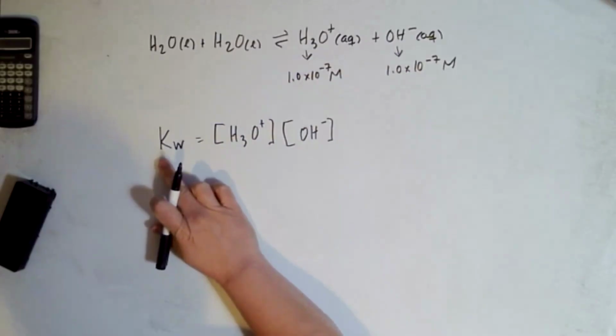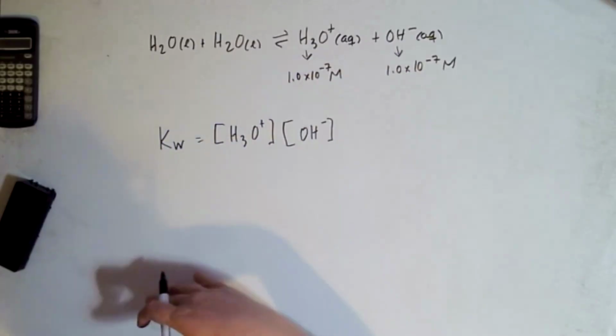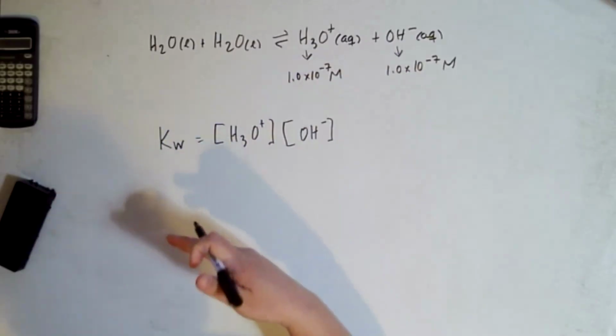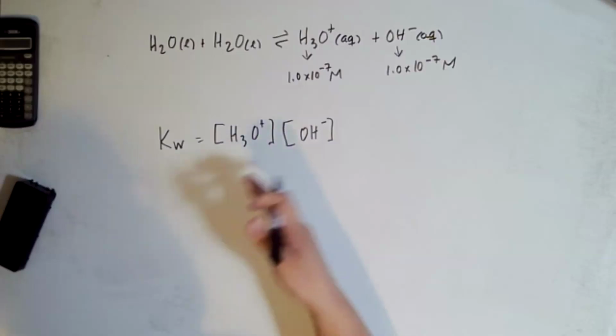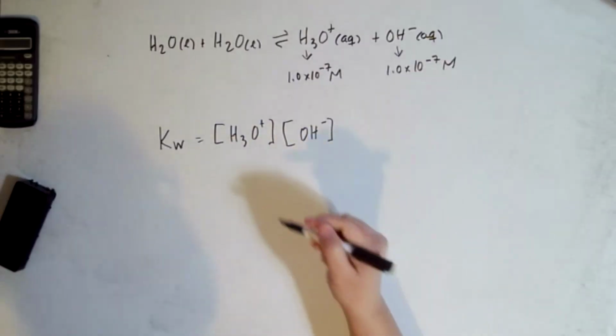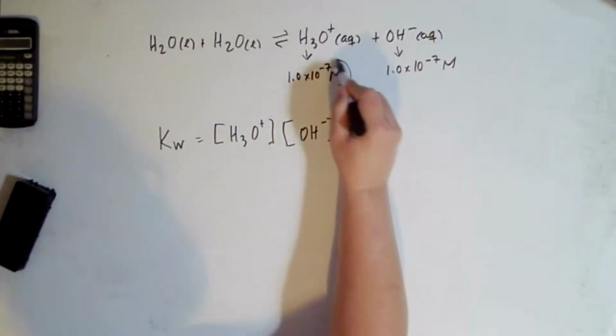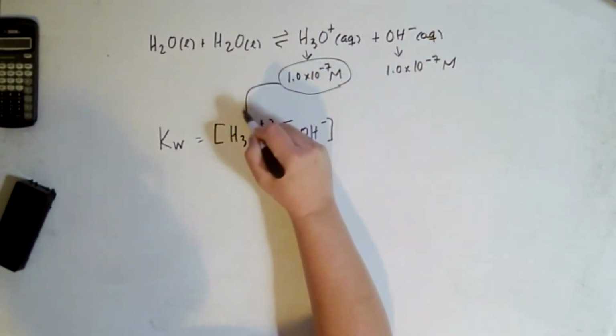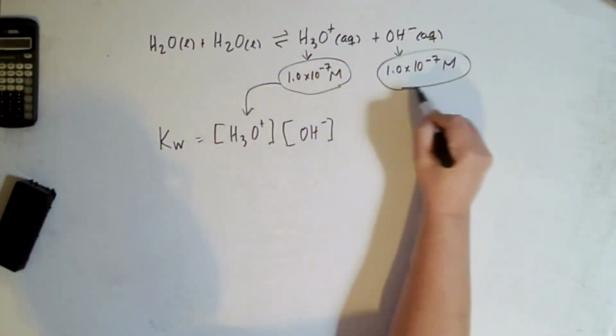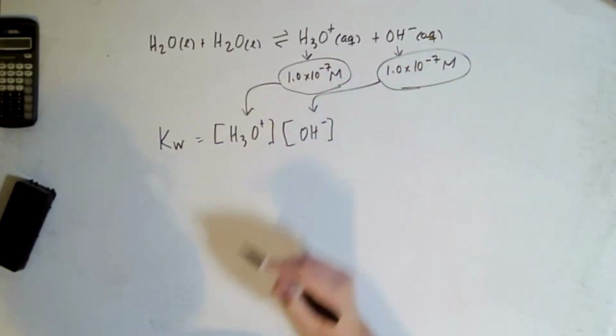And just like we were finding K values for our other reactions at equilibrium, we can find our K value for water at equilibrium. We know that the concentration for H3O plus and the concentration for OH minus are both going to be the same thing.